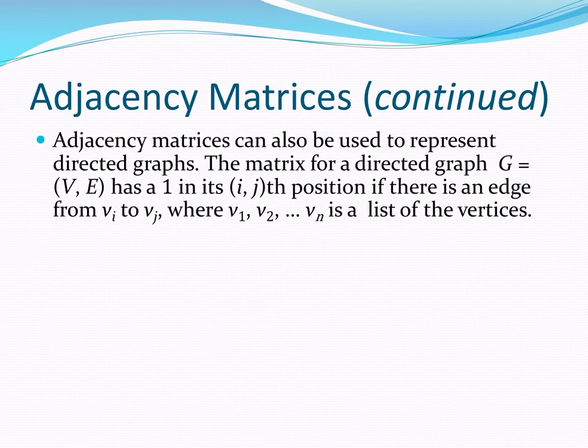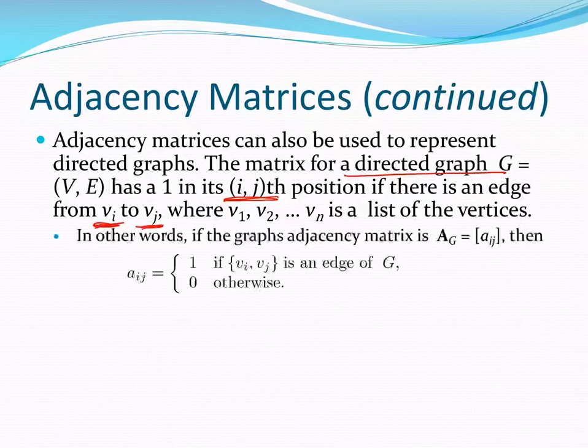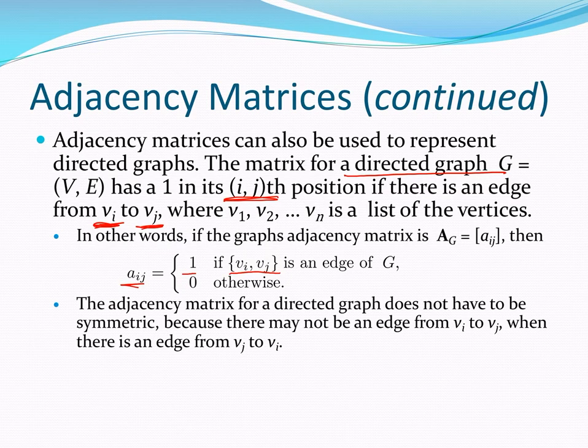Now for a directed graph, we can also use an adjacency matrix, where a 1 is in the ij position if the initial vertex is vi and the terminal vertex is vj. It will also be an n by n matrix. Again, aij is equal to 1 if there's an edge from vi to vj, and 0 otherwise.